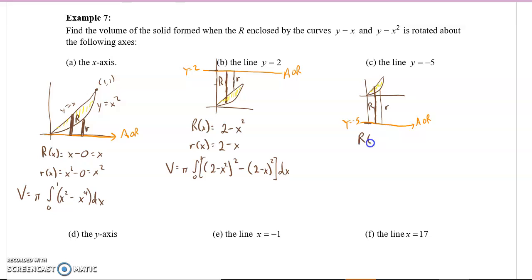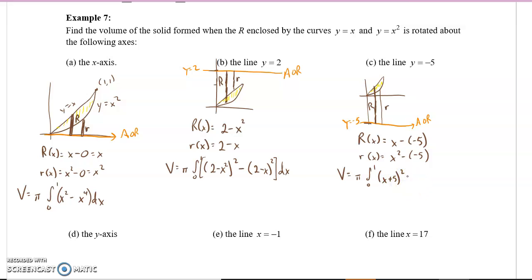So big R of x is top minus bottom, so that's going to be x minus -5. And little r of x is going to be x squared minus -5. So our volume is going to be pi times, once again, the integral from 0 to 1 of x minus -5, which is x plus 5.